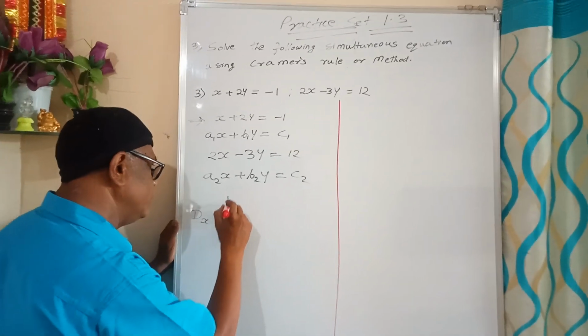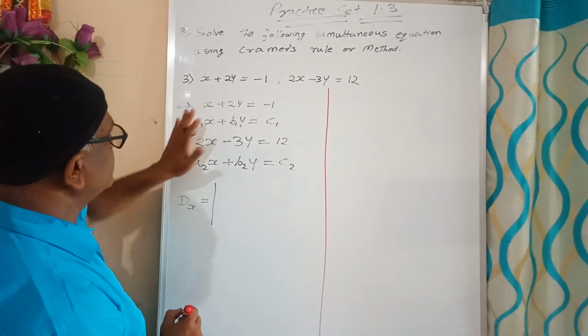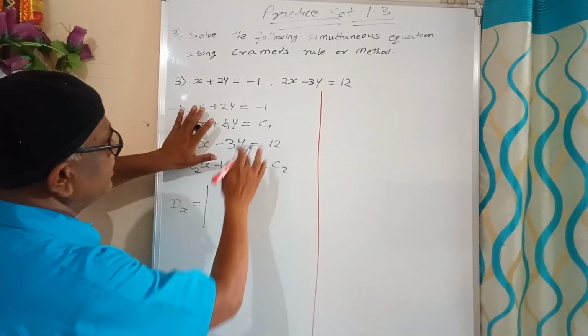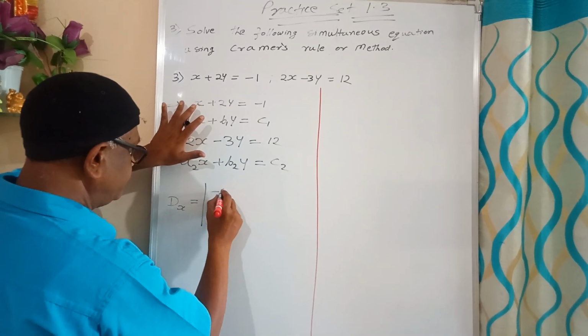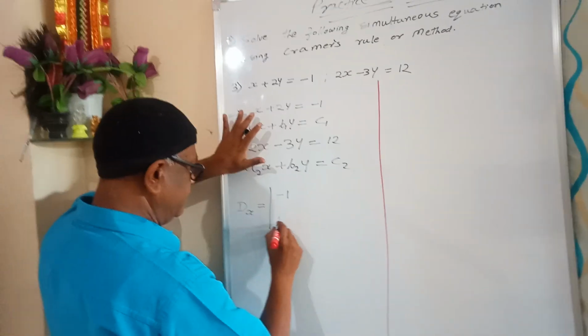is equal to the determinant. The x part, close it. Now take the constant terms first, that is minus 1 and 12.